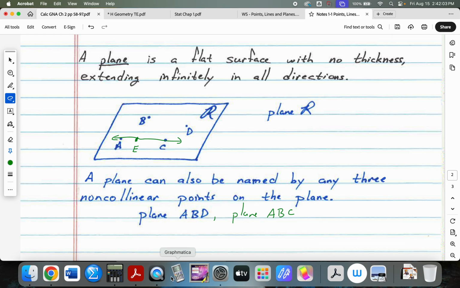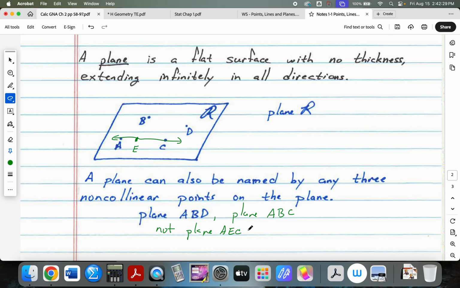If you miss one of the points, just make your dot bigger. So I cannot name it plane AEC, because those points are collinear.